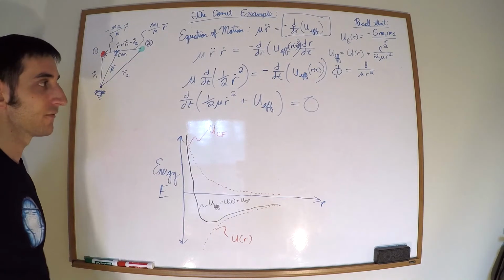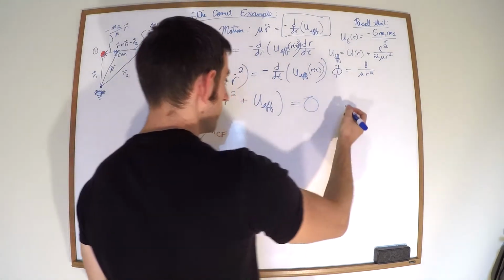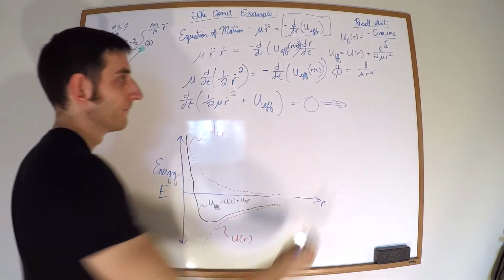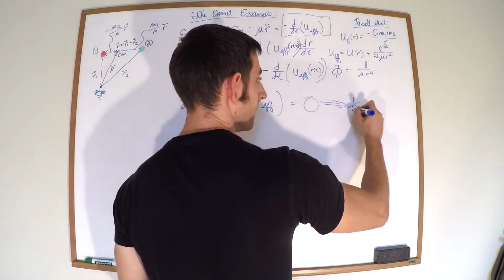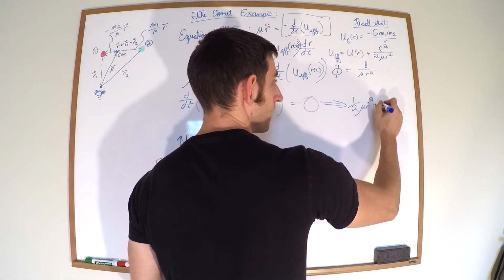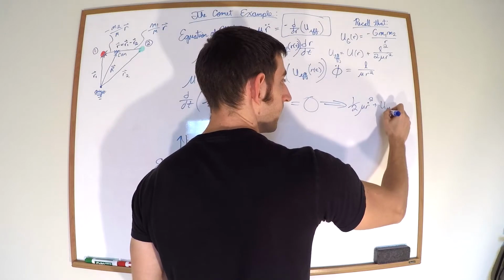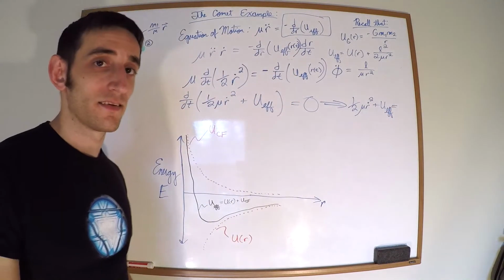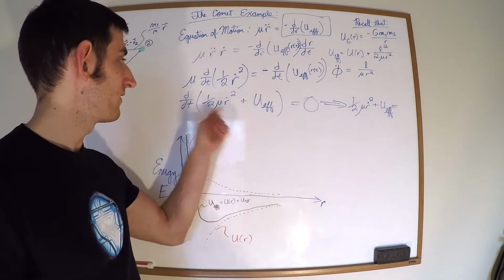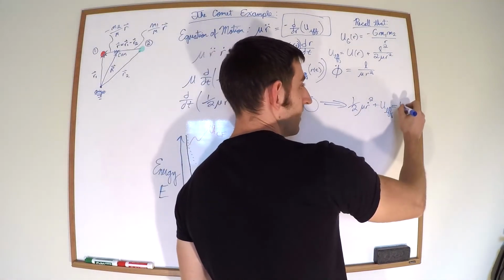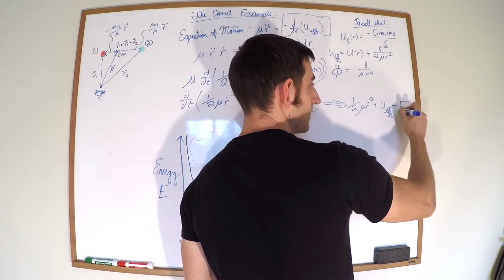Okay? So that asserts that 1/2 mu r dot squared plus U effective is equal to a constant. It has to be equal to a constant in order for the derivative to vanish. So I'm going to say that that constant is E.